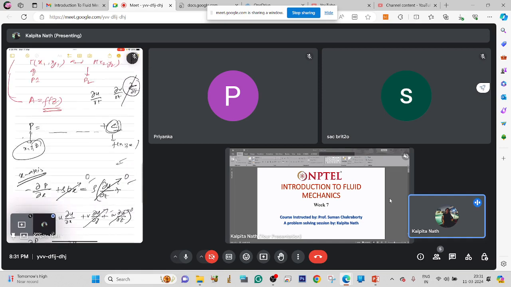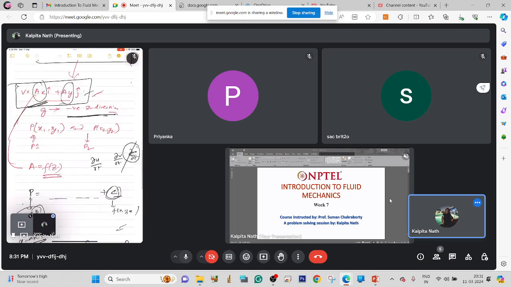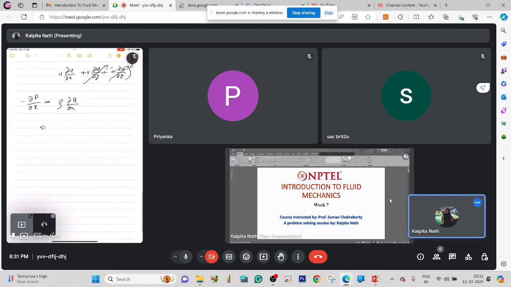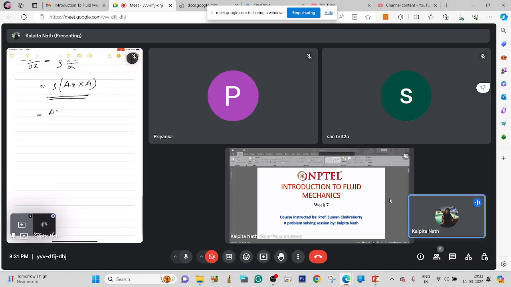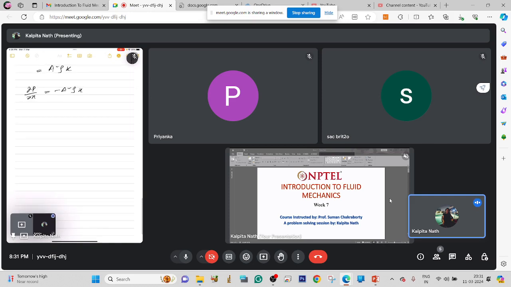If we differentiate u, we get density a x multiplied by a. So this is a square density into x. So del p del x is equal to minus a square rho x. So p is equal to minus rho a square x square upon 2 plus some function of y, z, since we are integrating it now.